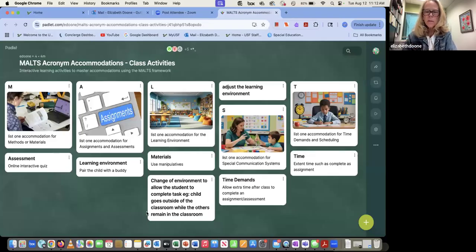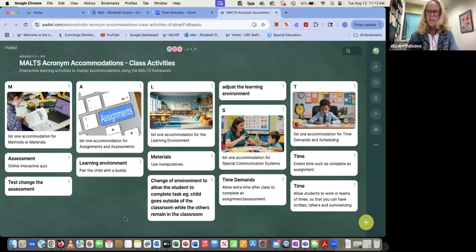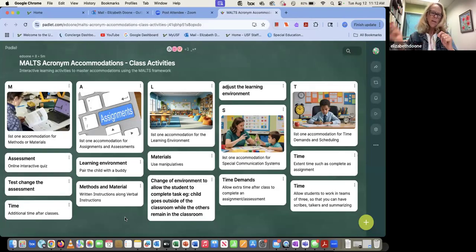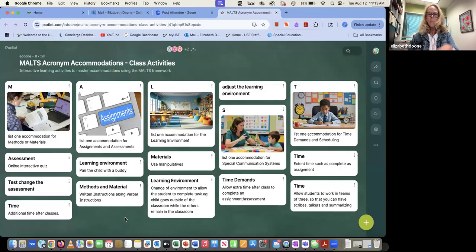Use manipulatives, absolutely. I hope that's our math teacher telling us, yes, manipulatives are used. In the US, manipulatives were taken out of classrooms for a while because they tended to be thrown and those kinds of things. And that hurt our girl learners in learning math because they do very well with manipulatives.